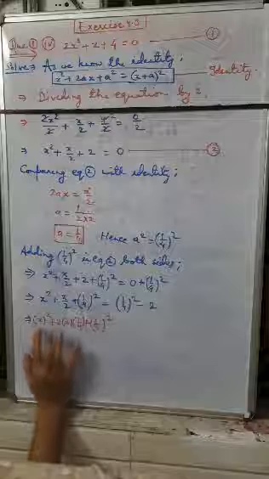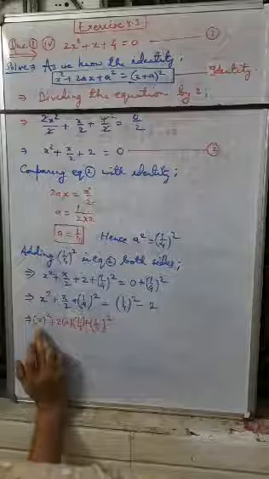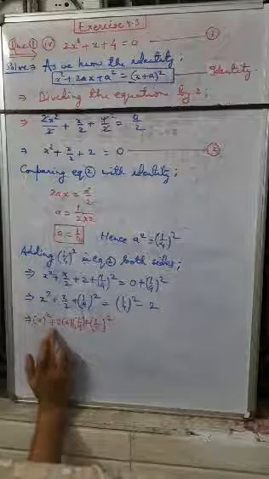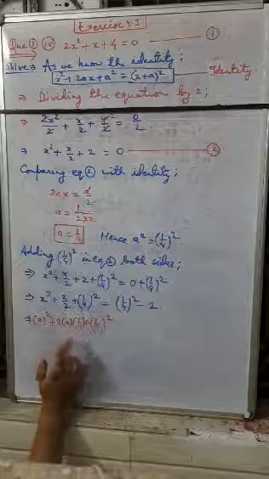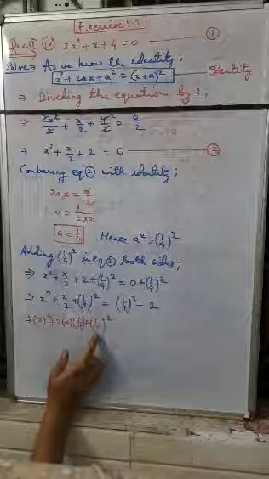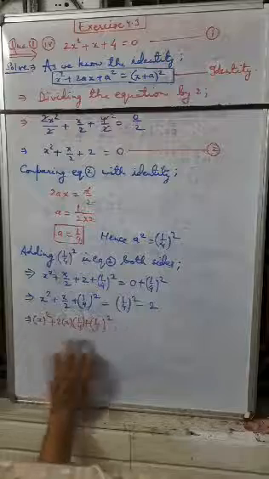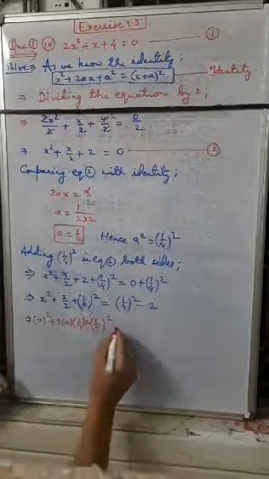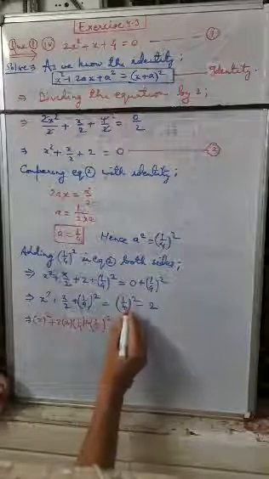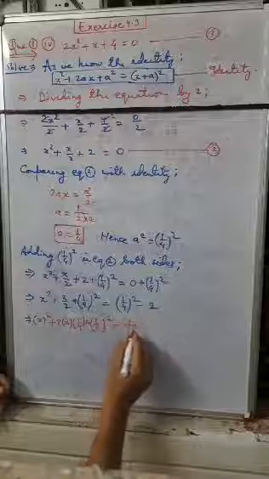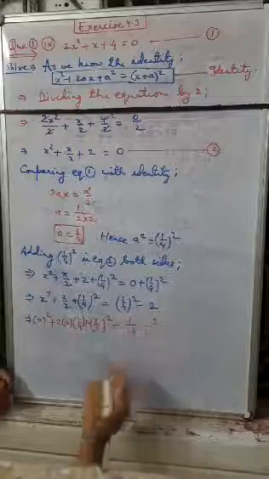Now this equation has the format x² + 2ax + a². In the next step, on the right-hand side, (1/4)² is 1/16 minus 2 by 1.